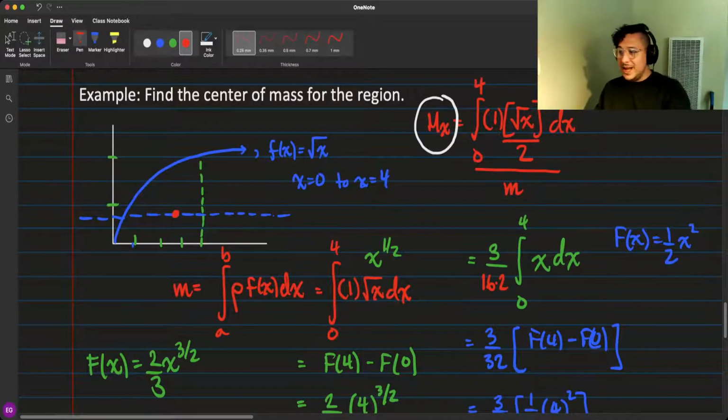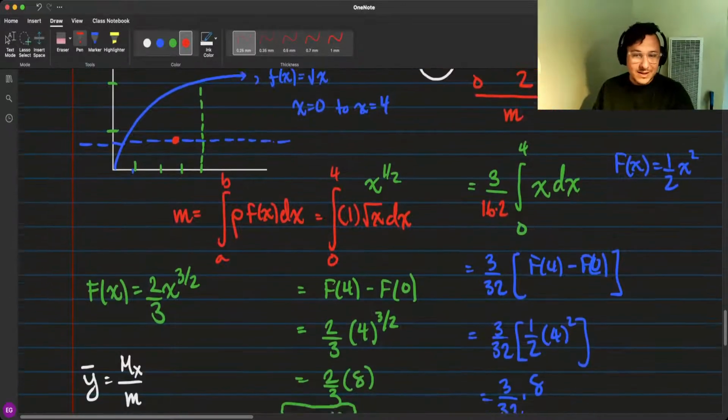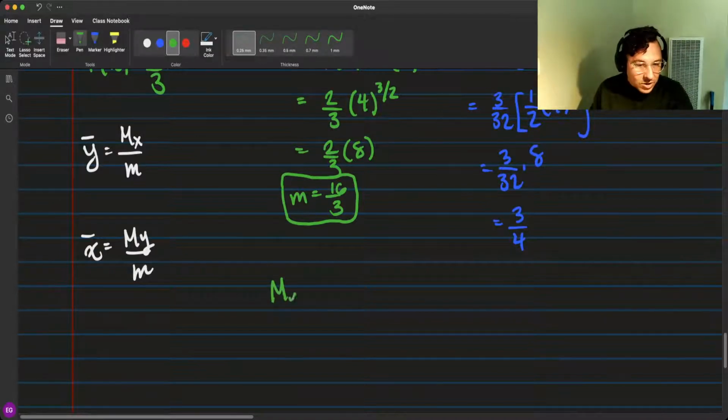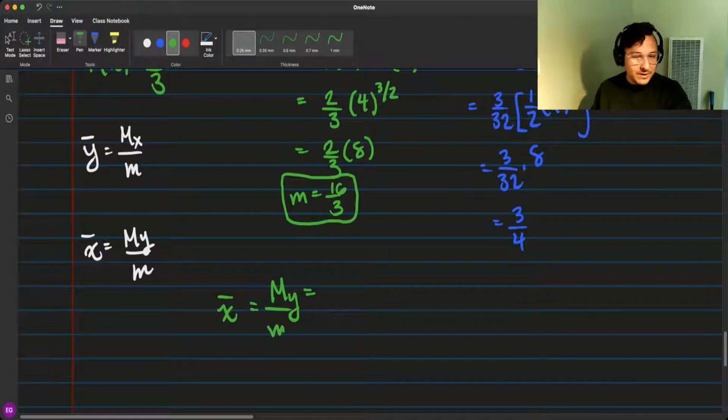So you calculate the x moment to figure out the y coordinate. Now we need to calculate the y moment to figure out the x coordinate. So the x coordinate is going to be the y moment over m.